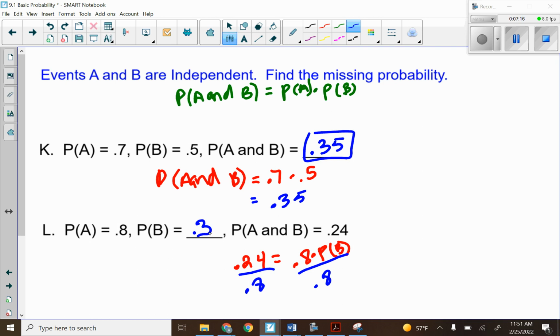And if I check it, 0.8 times 0.3 will be 0.24.